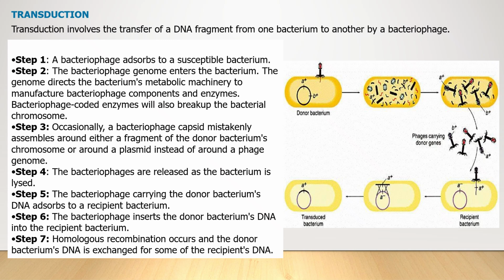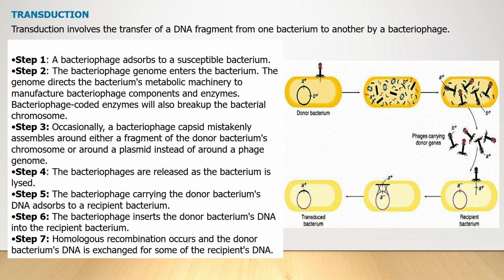A bacteriophage capsid mistakenly assembles around either a fragment of the donor bacterium's chromosome or around a plasmid instead of around a phage genome. And these bacteriophages, when released as the bacterium is lysed, carry the donor bacterium's DNA, adsorb to a recipient bacterium, and insert the donor bacterium's DNA into the recipient bacterium.